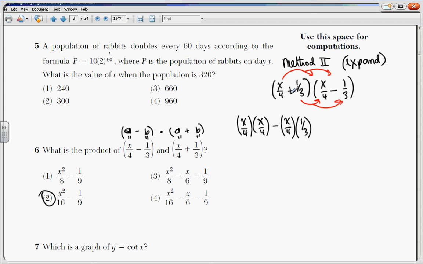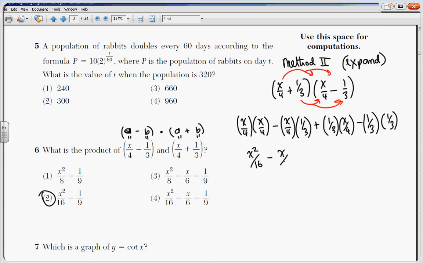And then we're going to do the outer, and then inner is positive 1/3 times x over 4. And then lastly, minus 1/3 times 1/3.